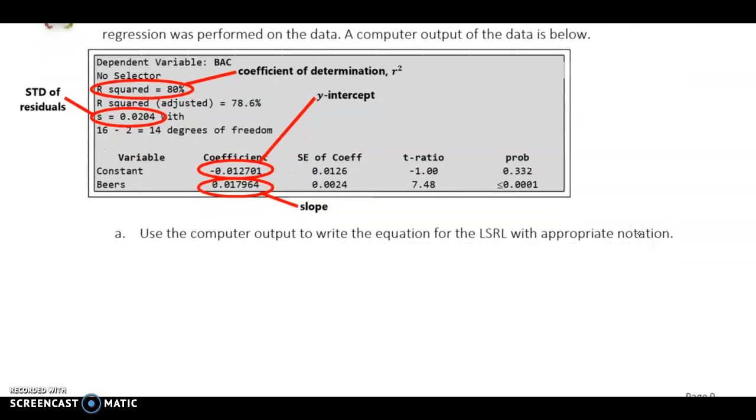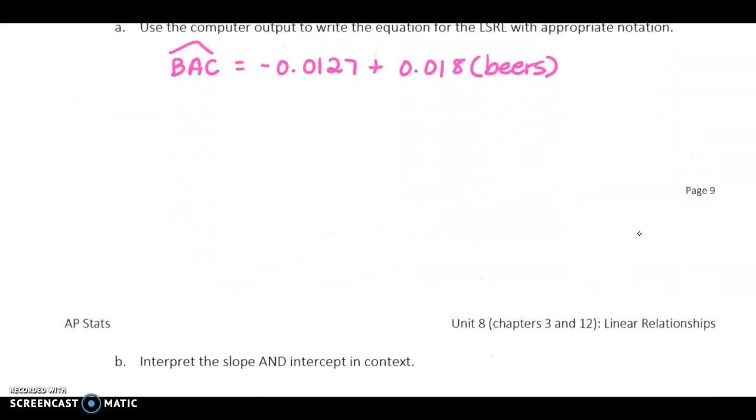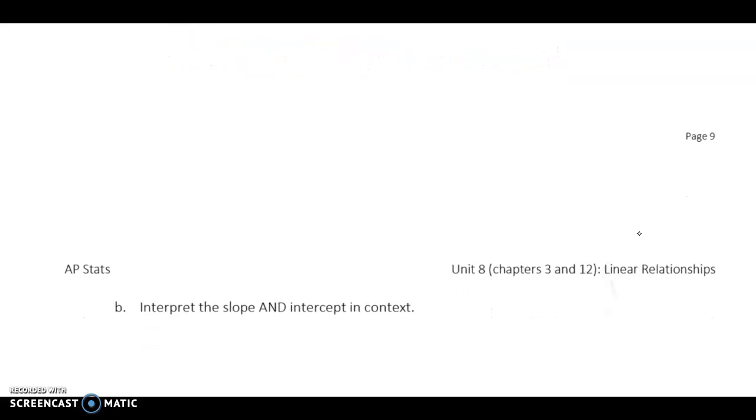So if I'm going to use the computer output to write the equation for the LSRL, I'm going to predict that a person's BAC is equal to negative 0.0127 plus 0.018 times beers. Okay, so the intercept in this case is negative 0.0127.